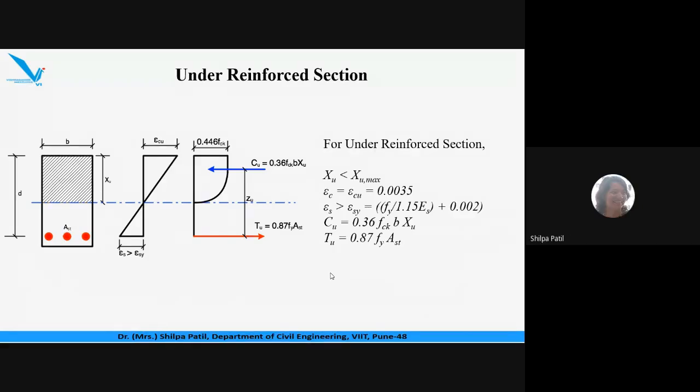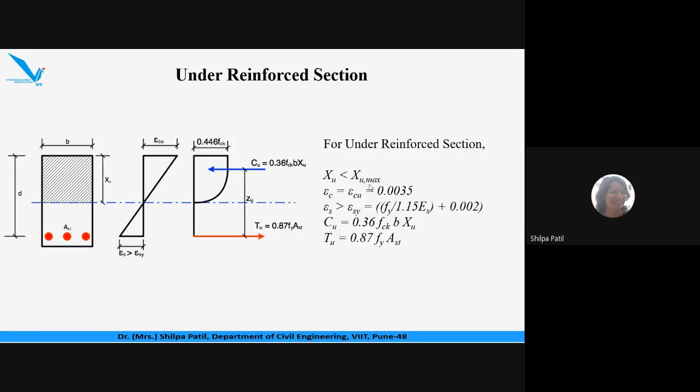So for an under reinforced section, the percentage of steel is less than the critical percentage steel, and hence the Xu value, that is the depth of neutral axis, always comes less than Xu max. Xu max is nothing but the depth of the neutral axis for the balanced section. Though the steel reached its maximum strain value, its yield point, first, the criterion for failure is always the failure of concrete.